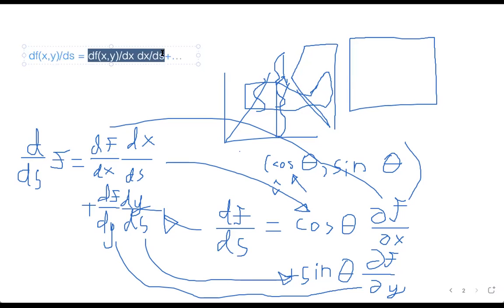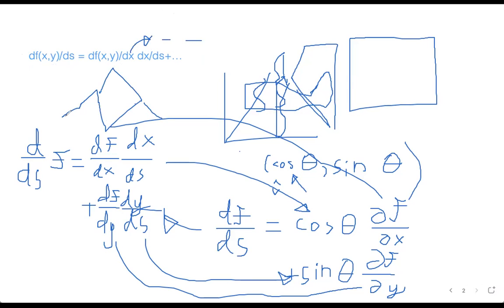One of these won't capture the entire change, because there are changes in the function due to movement in both directions, and you need to include that. You can think about the chain rule like a tree that splits apart and then meets back up, or you could even split further if x was itself a function of multiple things; it'll eventually all join up at the end. So that's sort of how partial derivatives work.